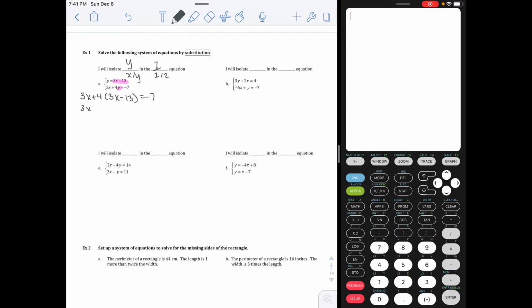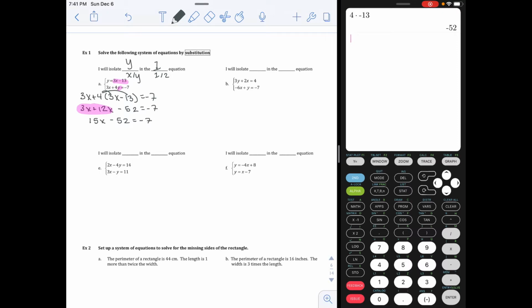So 3x plus 12x, not quite sure. What is 4 times negative 13? Negative 52 equals negative 7. Let's combine some like terms here. 15x minus 52 equals negative 7.